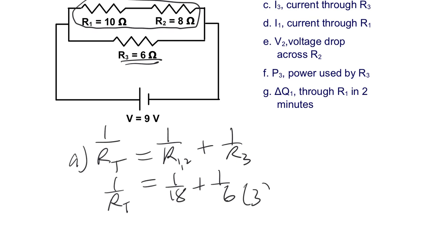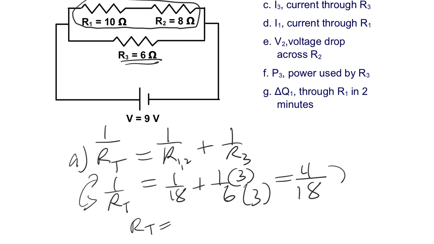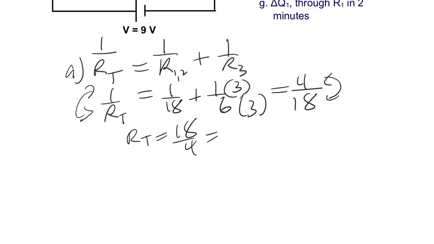And let's get common denominators. And so this adds up to 1 plus 3 on the top is 4/18. So RT is, flip these, 18 over 4, which comes out to 4.5 ohms.